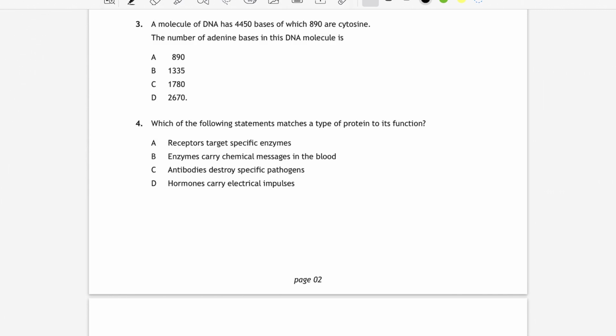But we've got 4,450 bases total. We know 890 of them are going to be cytosine. So 890 equals cytosine. But C always goes with G, so guanine. So we must have 890 of them. So we'll do 890 multiplied by 2. That gives us 1780 total bases.